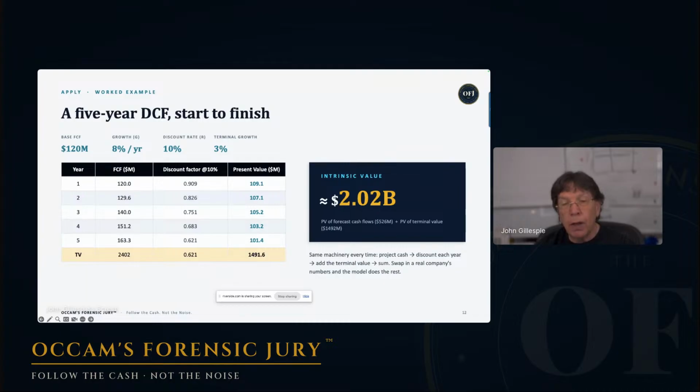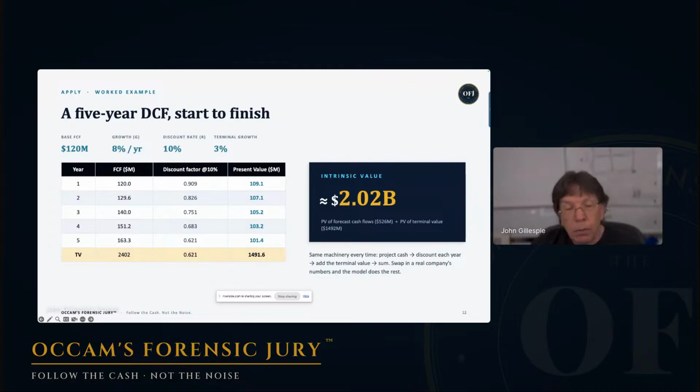So then the terminal value row is discounted back at year 5. Result at roughly 2 billion of intrinsic value, and point out it's just the sum of the yearly present values plus the discounted terminal value. The same recipe every time.